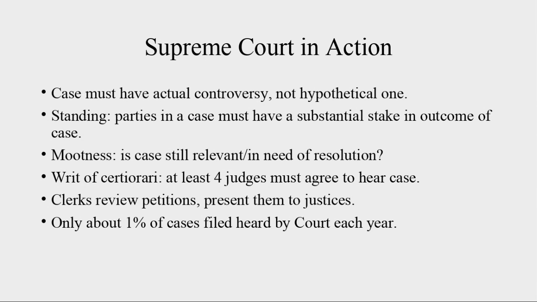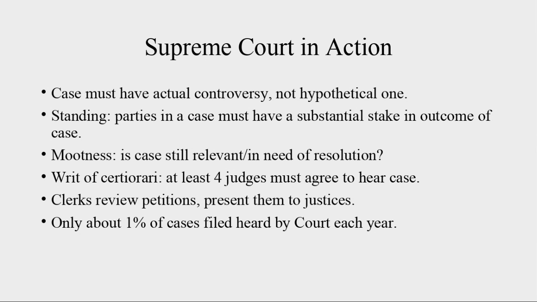If someone wants their case heard by the Supreme Court, they have to file what's called a writ of certiorari. In this case, at least 4 of the 9 judges have to agree to hear a case.